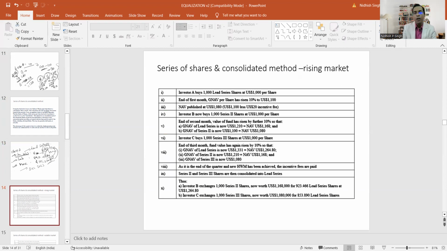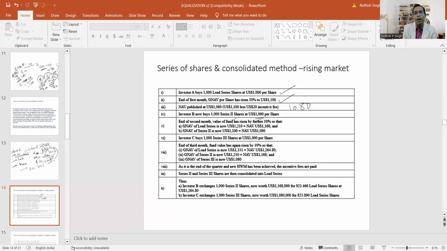So let's say investor A buys 1000 lead series at 1000. Now it goes to 110. It becomes 111. Incentive fee 20% is paid, and it becomes 1080 per NAV. Investor B now buys 1000 series 2 shares at 1000 per share as well.